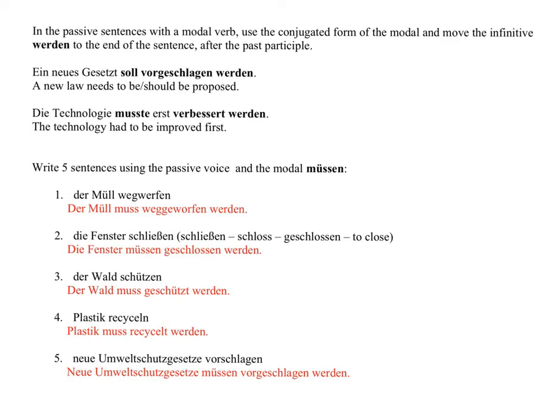So in passive sentences with a modal verb, we're going to use the conjugated form of the modal and move the infinitive form of werden to the end of the sentence after the past participle. So look at these examples. We have the infinitive form of werden at the end, right after the past participle, and our main verb, the second position verb that's being conjugated, is that modal verb now.